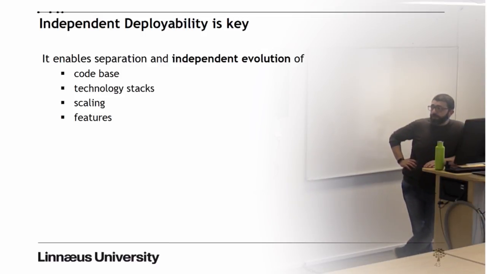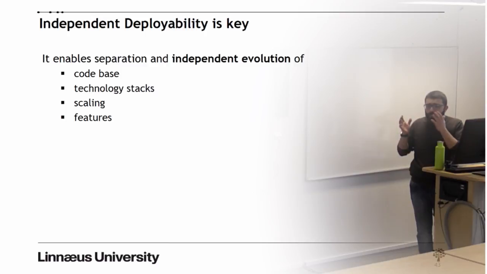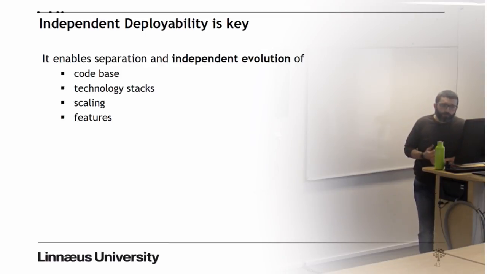Well, usually it means that we have a different and separated code base for each microservice. So if you have 10 different microservices, you must have 10 different code bases so that you can compile in isolation and deploy in isolation every single code base.